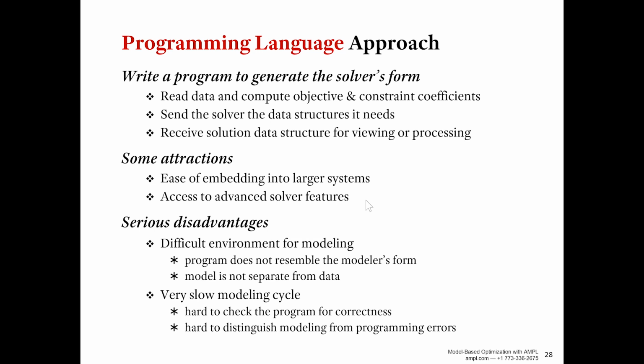Who knows? And it's hard to distinguish the model and the programming errors there. All you have is that program, and the output is some complicated solver's form that you're sending. So debugging in this approach is quite difficult.